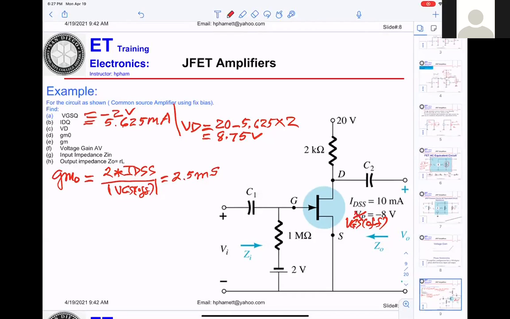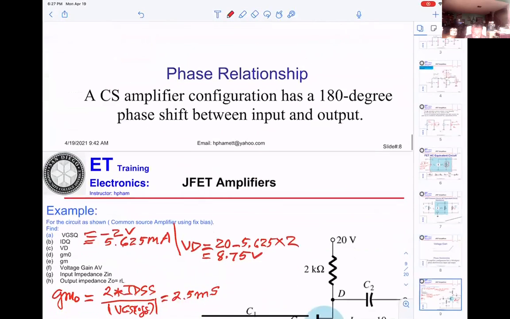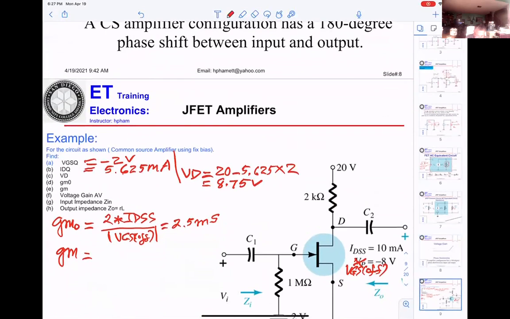Yes. And if you calculate the GM, we already know the formula. Now GM equals GM0 times 1 minus VGS over VGS off, but not squared.